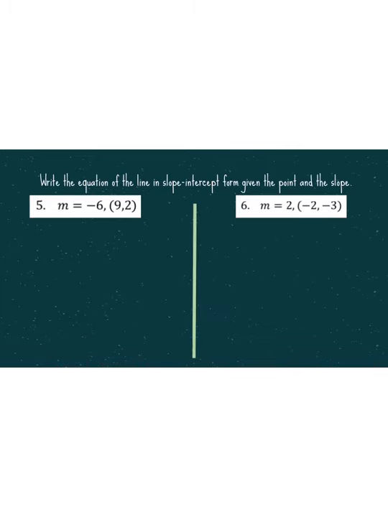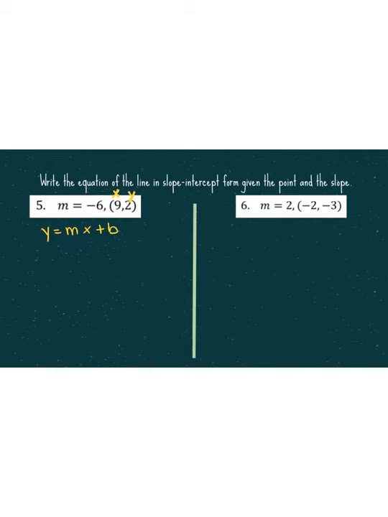So y equals mx plus b. Okay, the first number in parentheses, your first coordinate in parentheses, is your x, and your second one is your y.